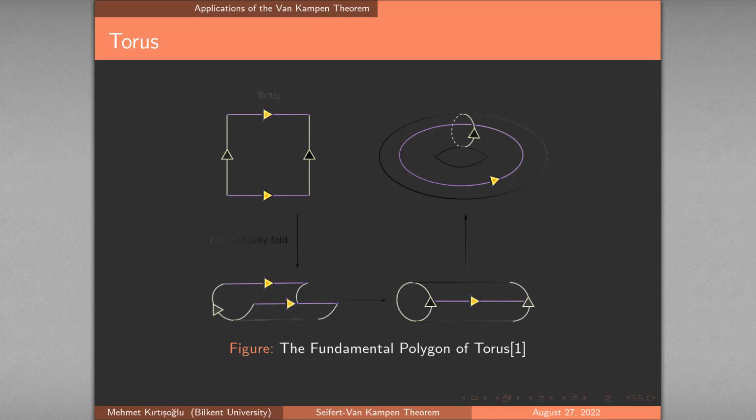Let's say this is U, and this is V. Then they have an intersection here, U intersection V, and take a point here, x.